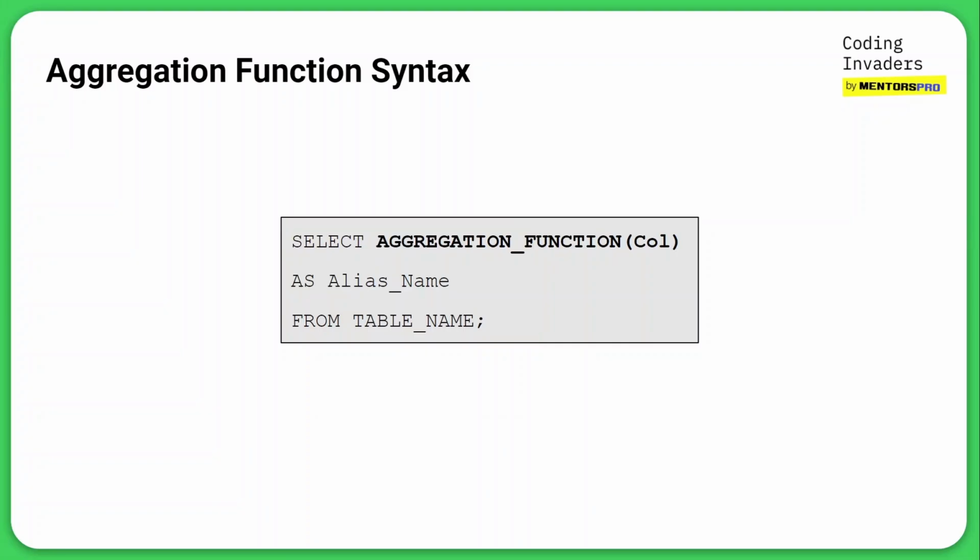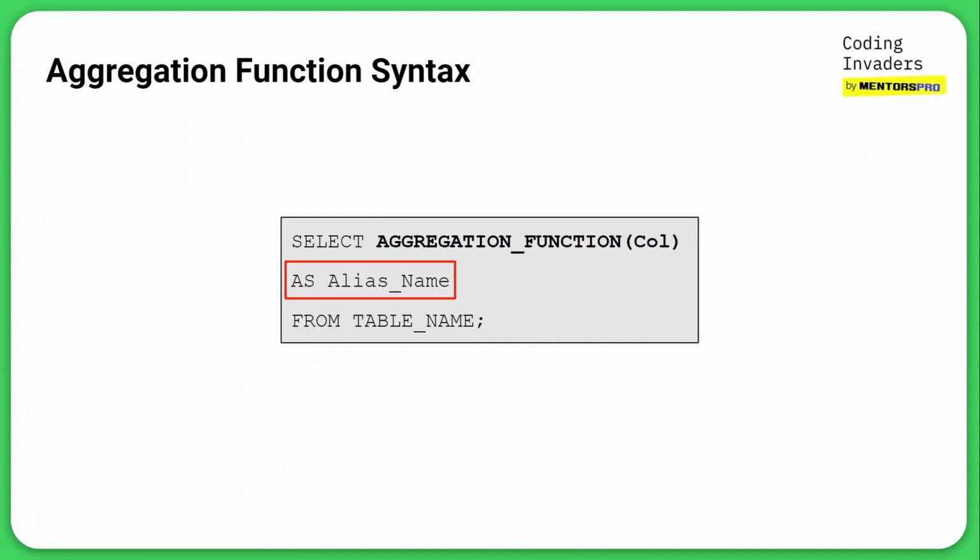Now that we have gone over several code snippets, let's generalize the syntax of aggregation functions. As usual, we have the select statement and then the aggregation function name like sum, count, average, etc., which we want to use. Inside the bracket, we mention the column name to be aggregated.